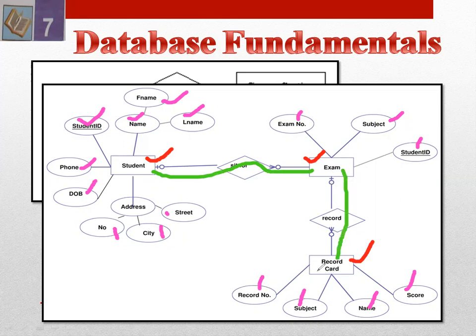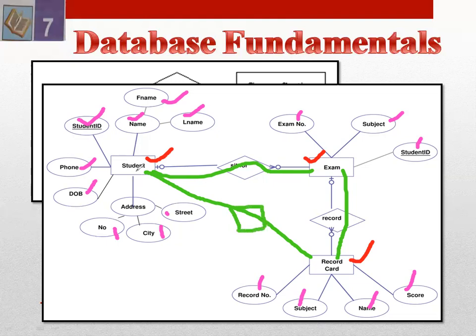So this is a relationship between the exam and the record card. So you can also create a relationship between the student and record card. Student has record card. Record card means the result card. So here you can make a relationship between the result card and student.